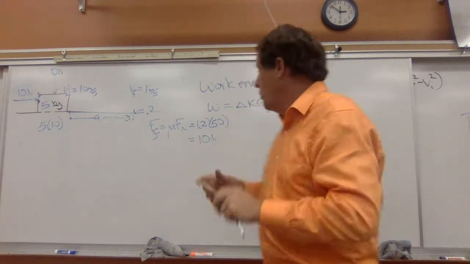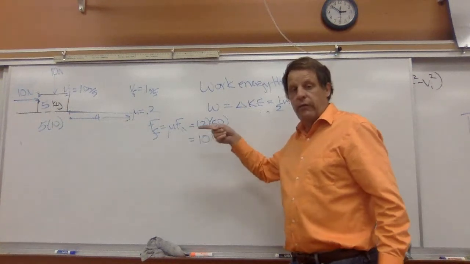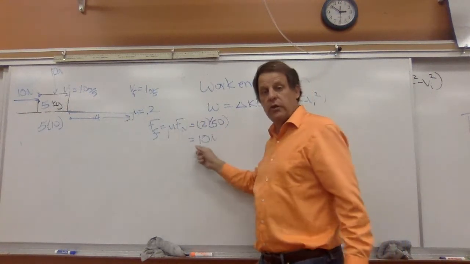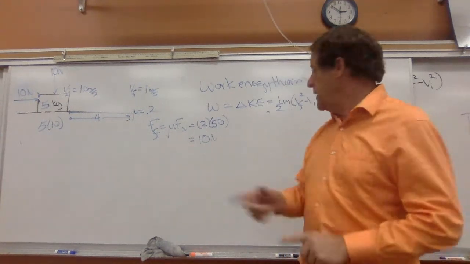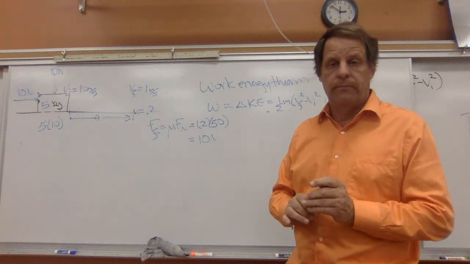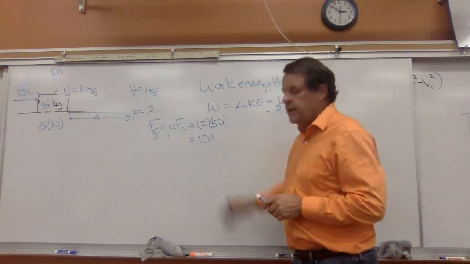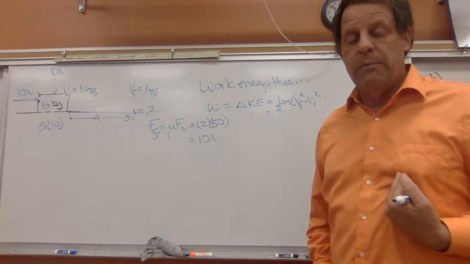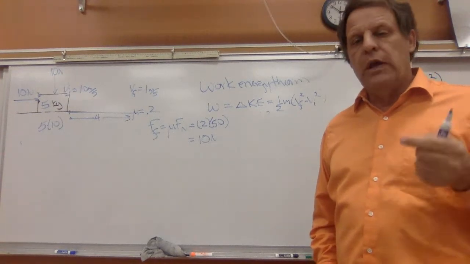Okay, so that's one way to think about it. The other way to think about it, we just know that force is going that way and the displacement is going that way. So we know that this force is negative. So negative 10 times 4 is negative 40. Okay, so friction did negative 40. We did positive 40.